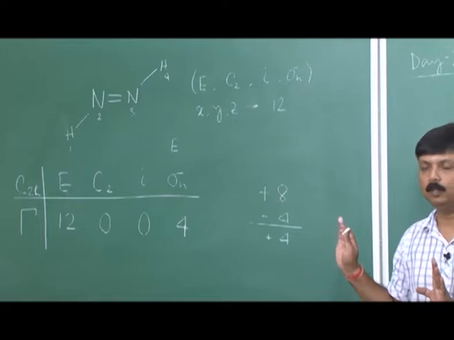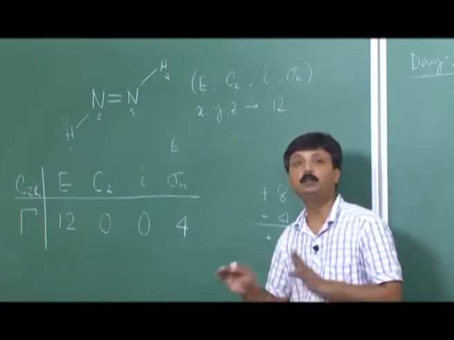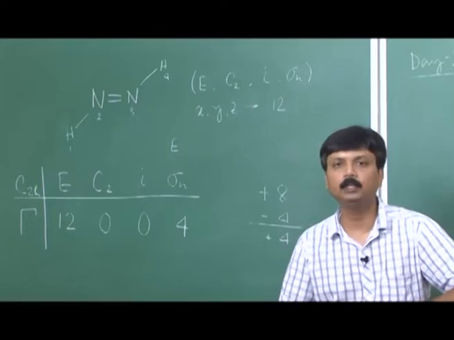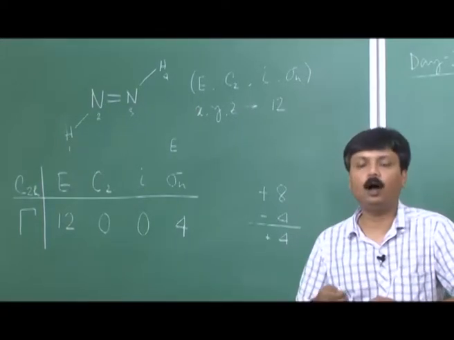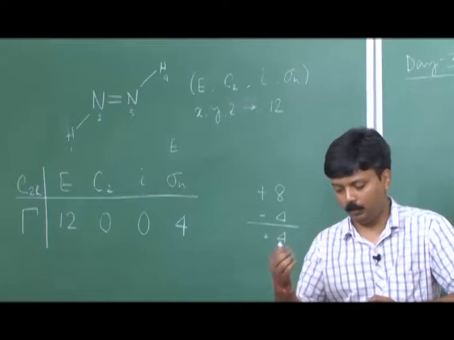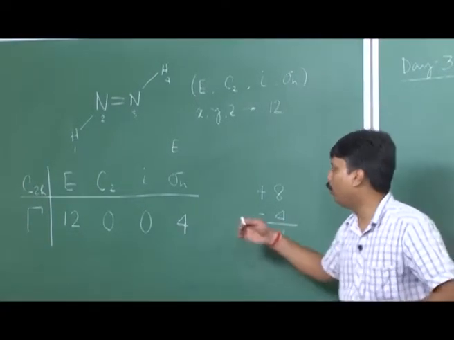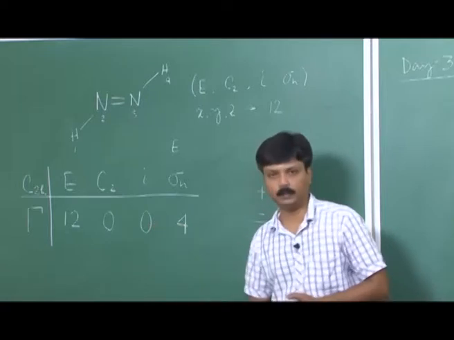So this is reducible. So you can reduce it by using the formula that we have already talked about in the last couple of classes. So you can find out how many times one irreducible representation occurs in this particular representation, right?